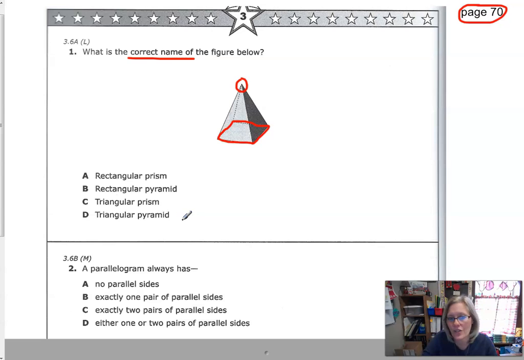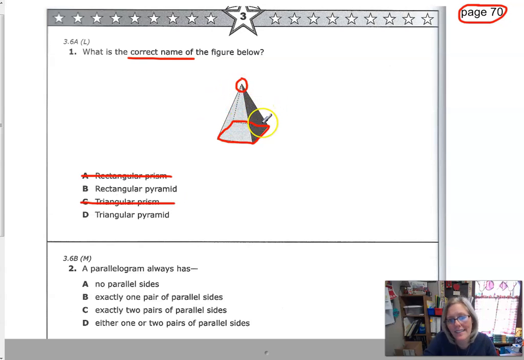Well, I'm pretty sure that when you looked at this, probably the first thing that came to your mind was, that looks like a pyramid. So I'm guessing that you could probably take out rectangular prism and triangular prism.